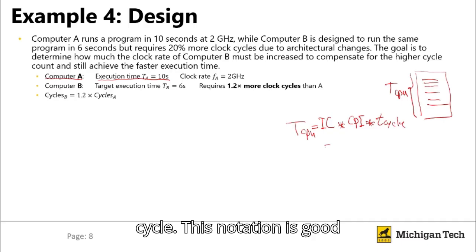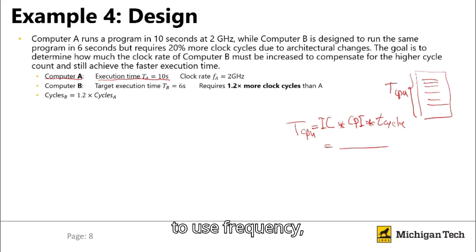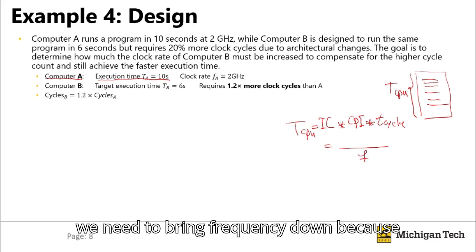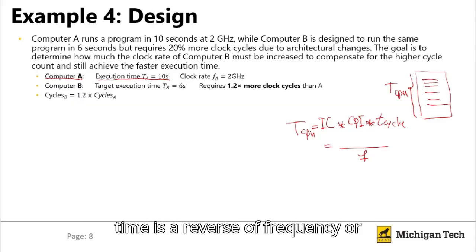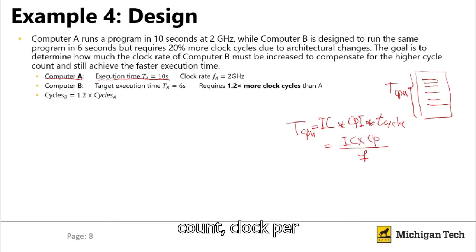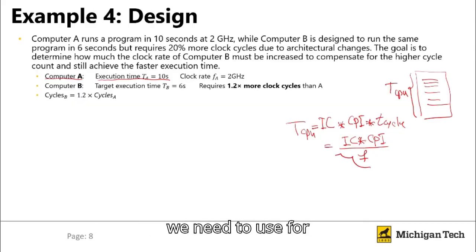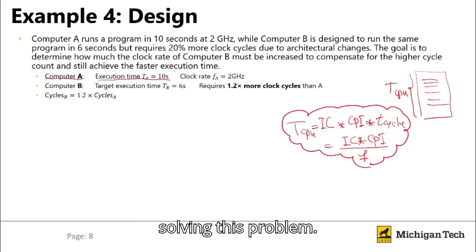These notations are good to follow. If you want to use frequency, we need to bring frequency down, because time is the reverse of frequency, or frequency is the reverse of time. Instruction count, clock per instruction. So this is the formula that we need to use for solving this problem.